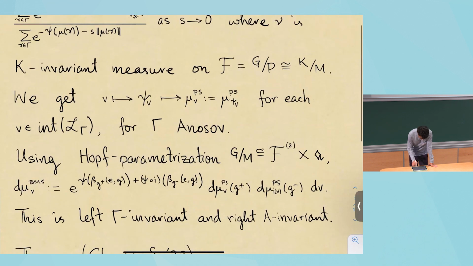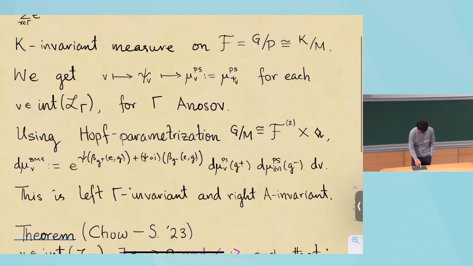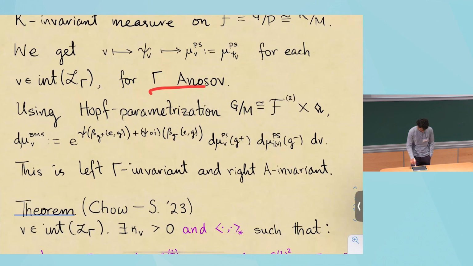And so instead of denoting mu sub psi, I will denote this by mu sub v, because as I said, we have this one-to-one correspondence between the direction and psi for gamma Anosov.